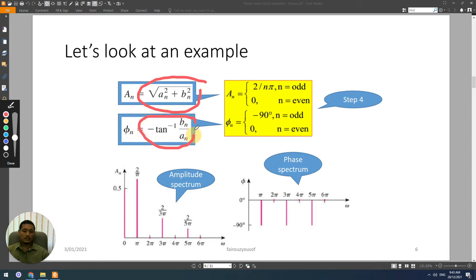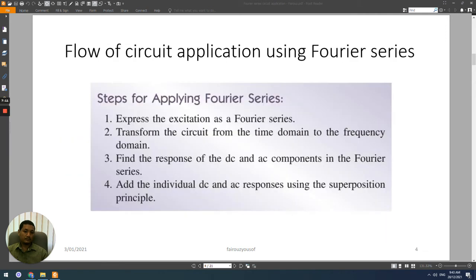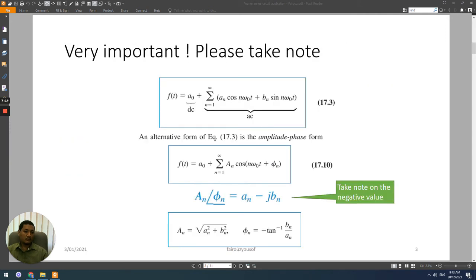From this equation, what are a_n and b_n here? Here is b_n, b_n sine n omega naught t.